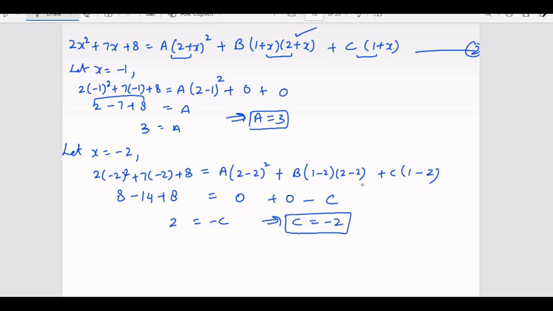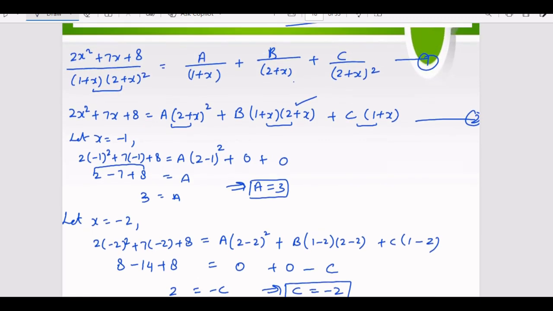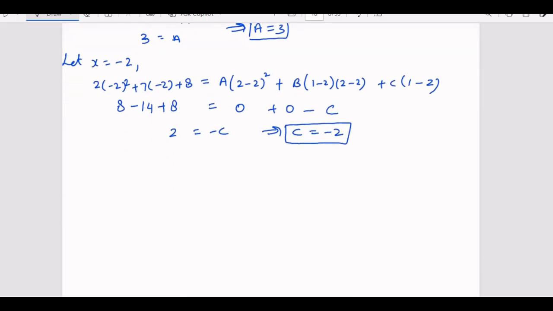So now we are left with only the value of B. If you look again at this equation 2, we can even put x = 0. So let's say x is 0. Then on the left hand side we are going to have only 8 here.